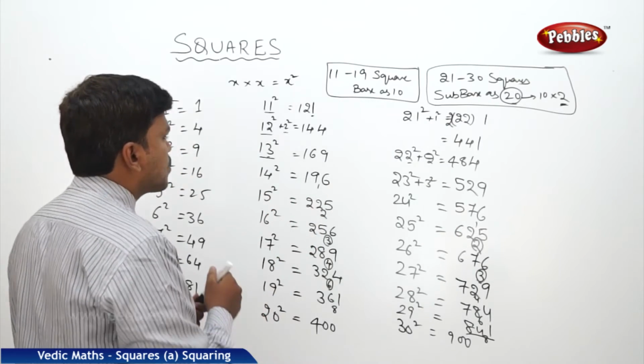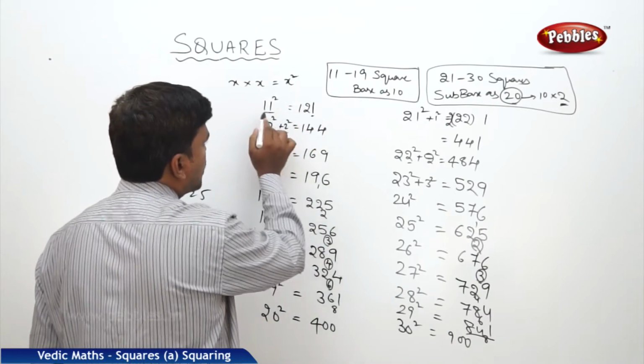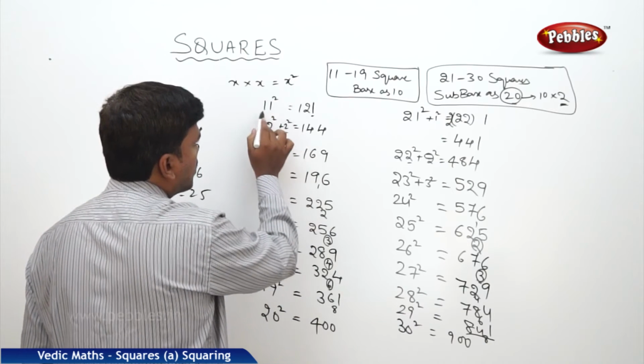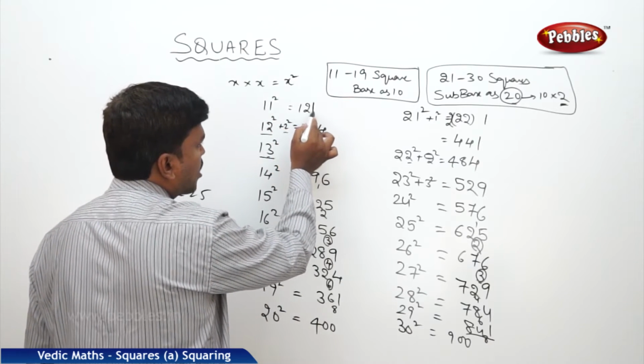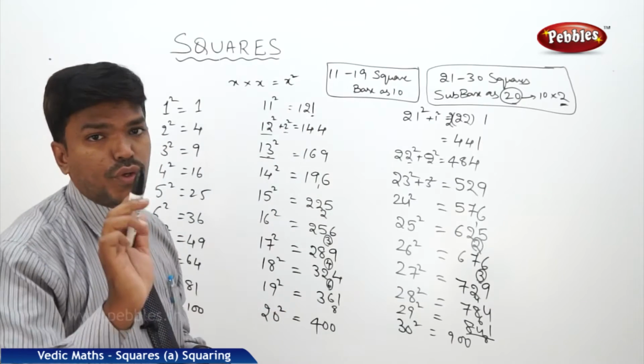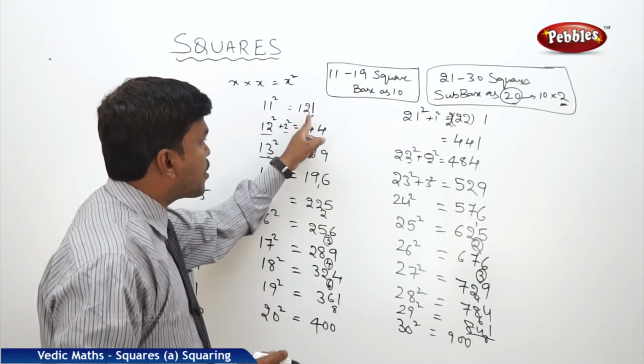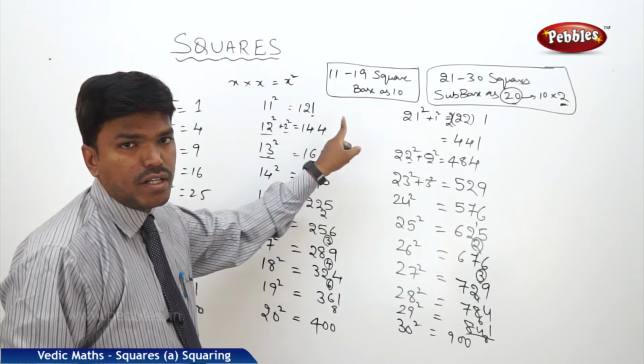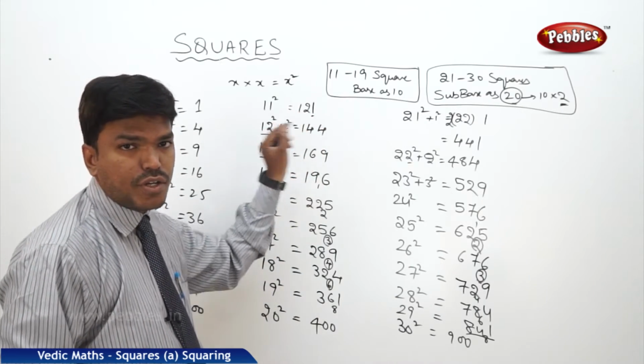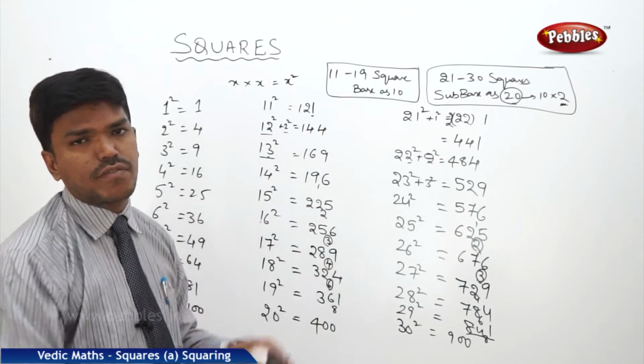So 11 square is, see here, just put 1 and 1 here. There are 2 ones, right? 1 here, 1 here. And what is the double of 1? 2. So write 2 in between those 2 ones. So the answer is that one.